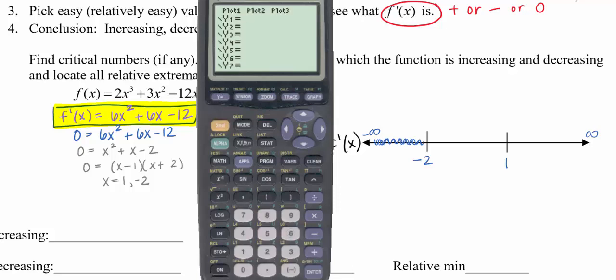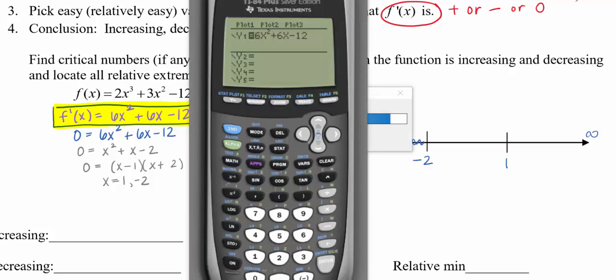I'm going to type in the original equation for my derivative, so the 6x squared plus 6x minus 12. So not after you have factored or divided things out, just type in the original derivative, how you have it.